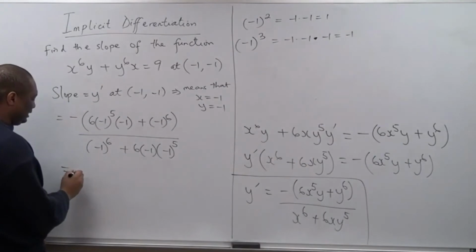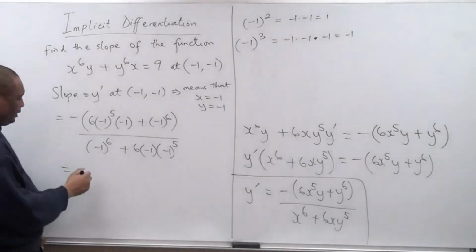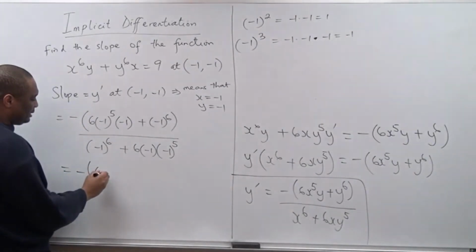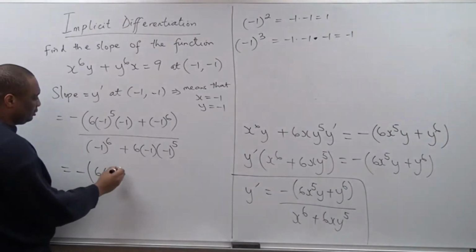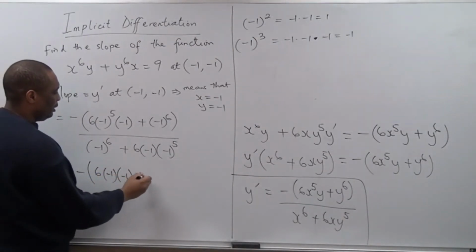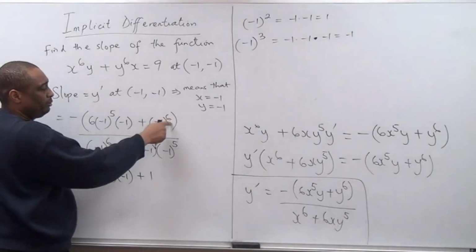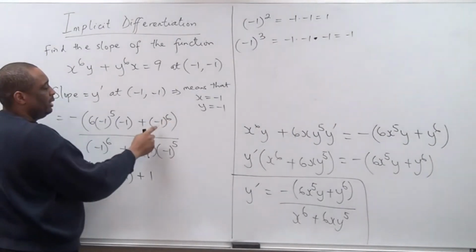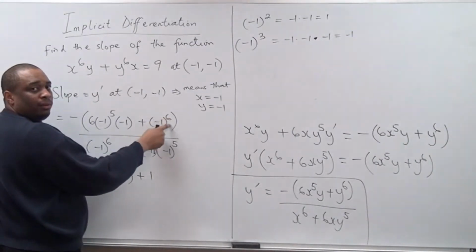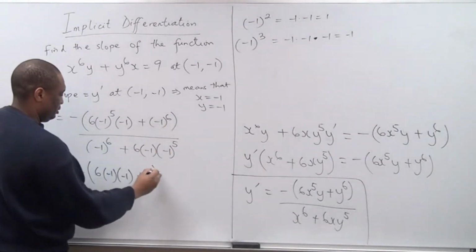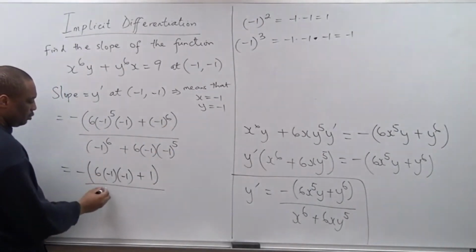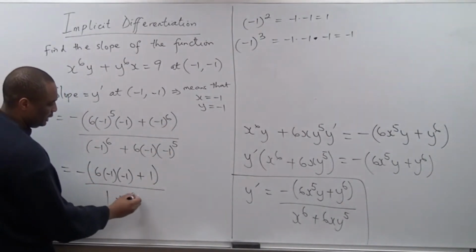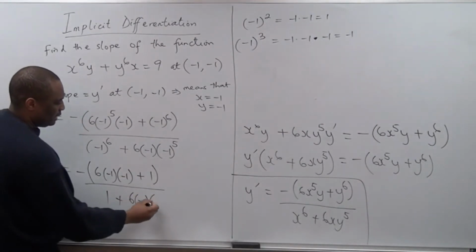So this is 6, this is negative. You have to be very careful here. Now this is 6 times -1 times -1 plus 1, because -1 to the power 6, 6 is an even number, so -1 raised to power 6 is 1, all over 1 plus 6 times -1 times -1.